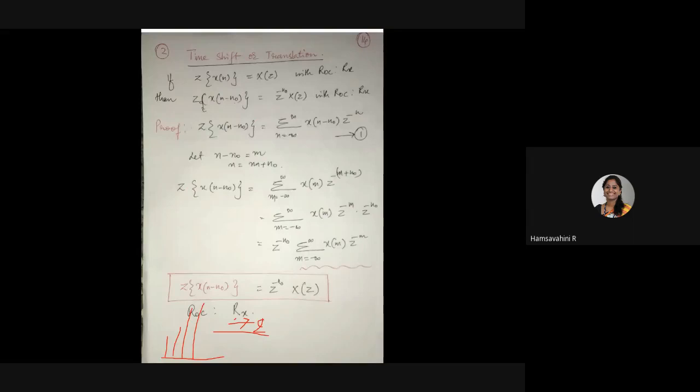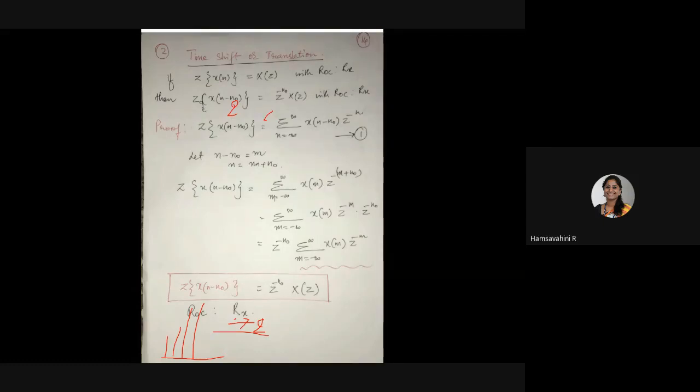So in place of n naught, I write 2, so the factor is z power minus n naught, that means z power minus 2, into x of z. So you just find the Z transform of 1, 2, 3, 4. That is your x of n.